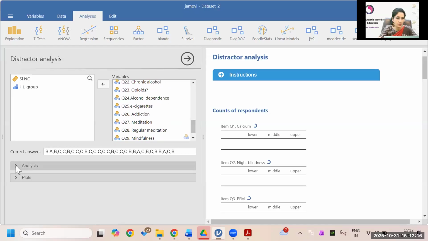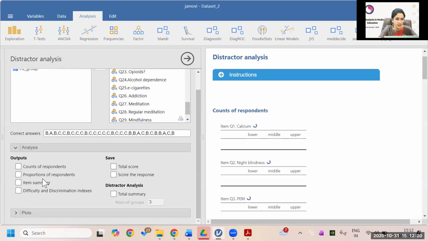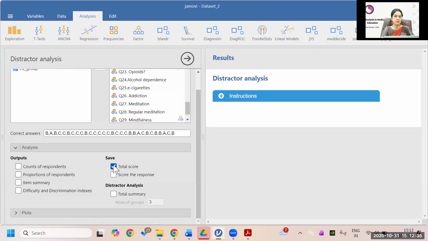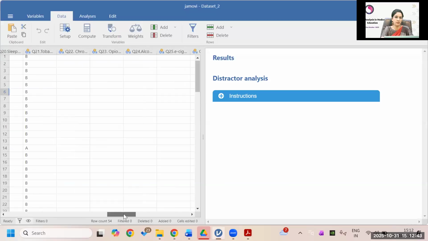Now I will go to the analysis. And the first thing to see is the item summary. So before I go, there is an option of save. This is the save option. If you click this total score, then in the data set you can see that this total score has appeared.